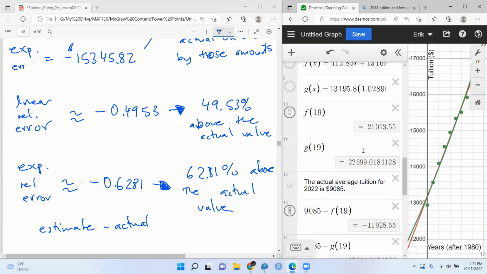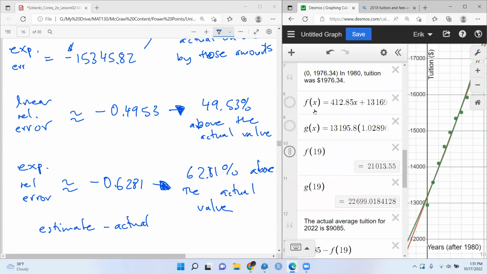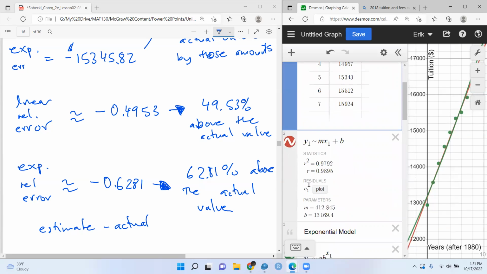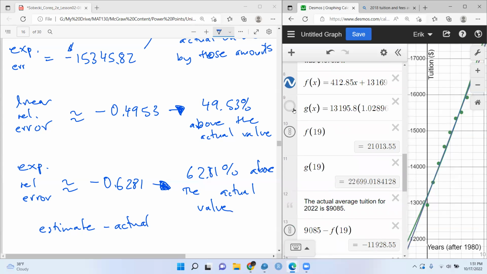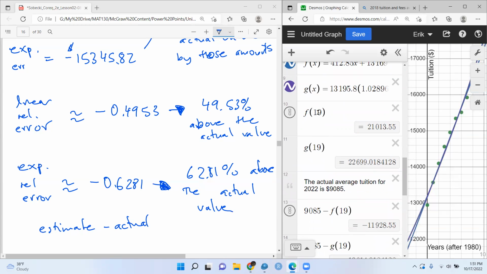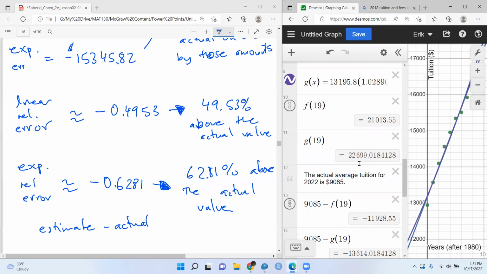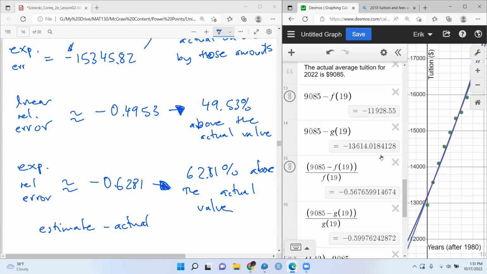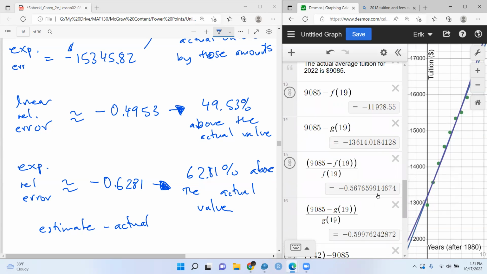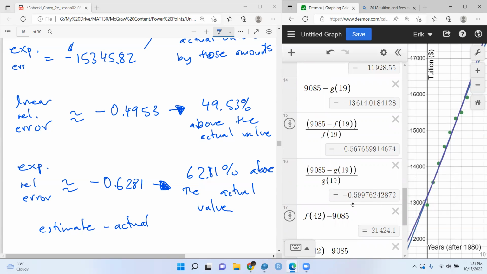And I wrote down the new functions in here, because I could graph them again. And then I recalculated the number of years between our starting year, 2001, and our current year, 2020. And we checked our predictions, and they were worse this time around, except the exponential model was slightly better, 59% error versus 62% error.